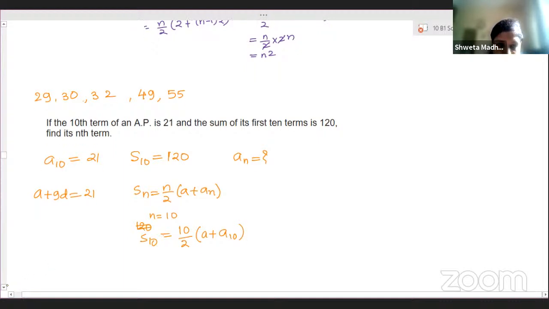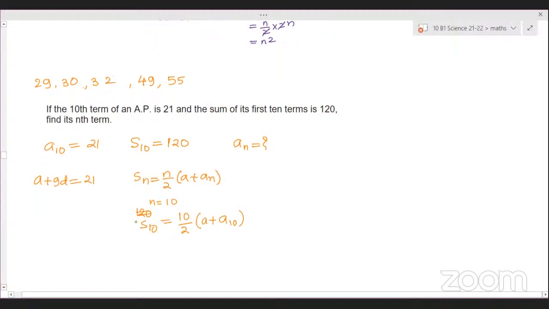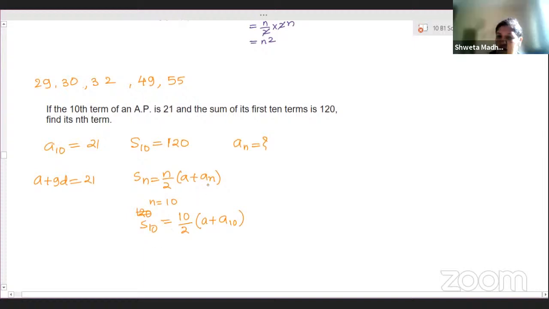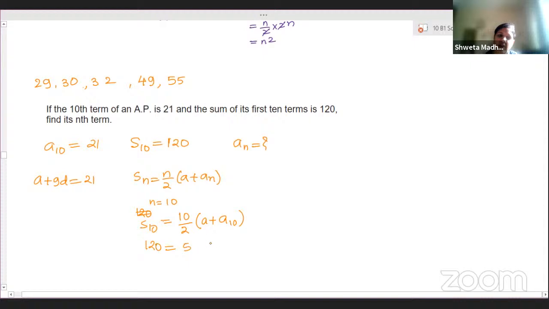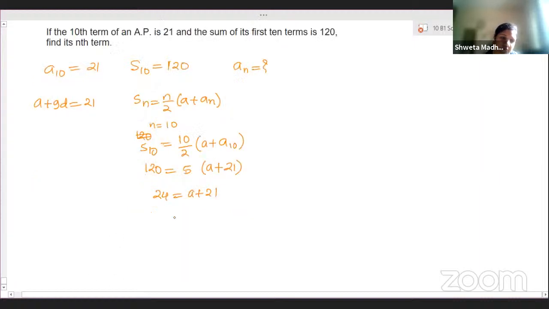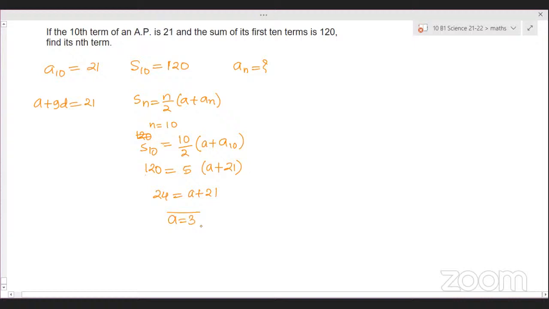So sum of 10 terms you have to find out. So what is the nth term in that sequence? 10th term it will be the nth term. So 120 is equal to 5 into A plus 10th term we know, which is 21. So 120 by 5, which is 24, is equal to A plus 21. So what is the value of A? 3.